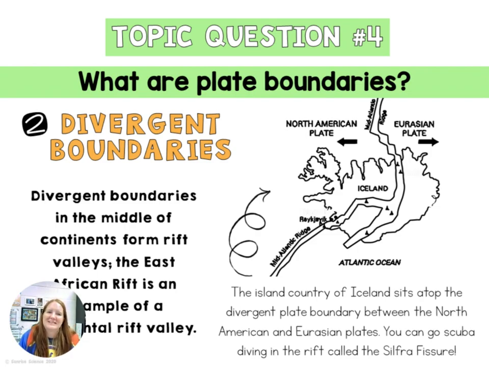But what's really interesting is there's a spot in Iceland known as the Silfra Fissure where you can touch North America and Europe at the same time. And that's just amazing. Iceland sits atop a divergent plate boundary between the North American and Eurasian plate. You can go scuba diving in the rift called the Silfra Fissure.